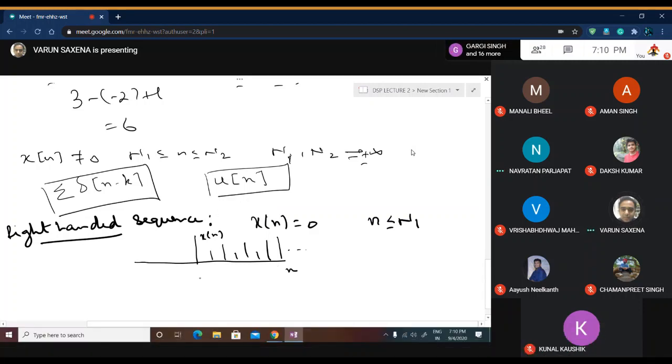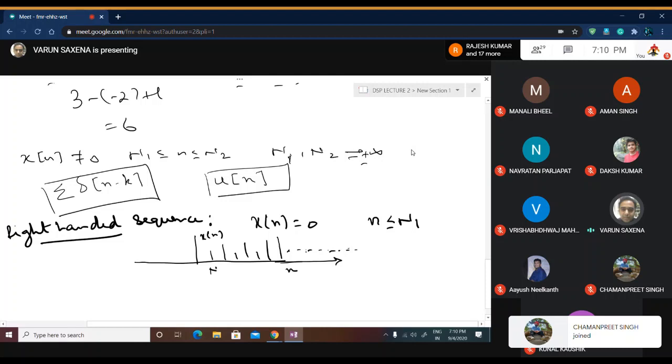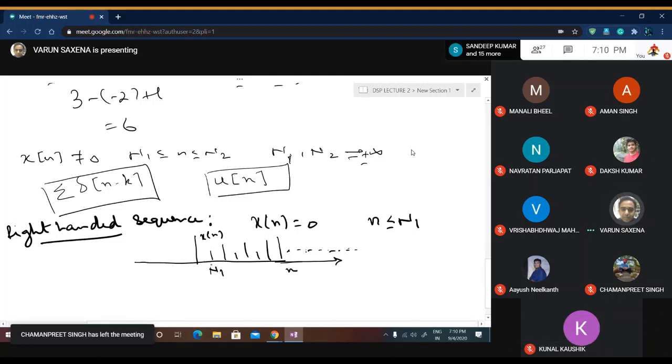Sir, when we say right-handed sequence, we need n to tend to infinity. Yes, so that's what I made. I made these dots, so I'm saying that it is going on. Now if I look at this sequence, obviously this is the lower index, this is n1 here, and n2 is going on. We don't know, it's a very high number. And you can see that for all n less than n1, this sequence is 0. This is the right-handed sequence.